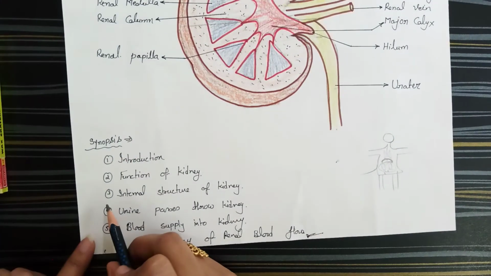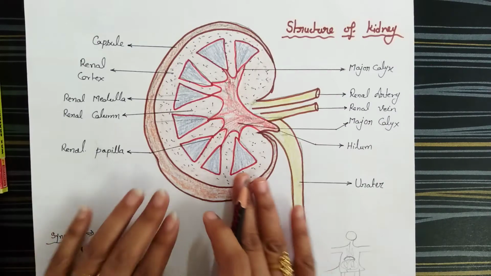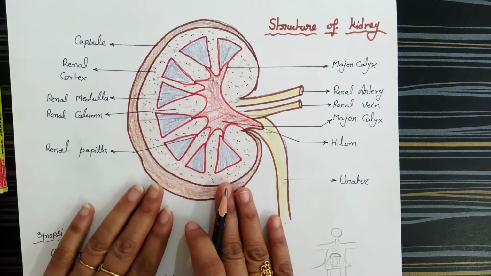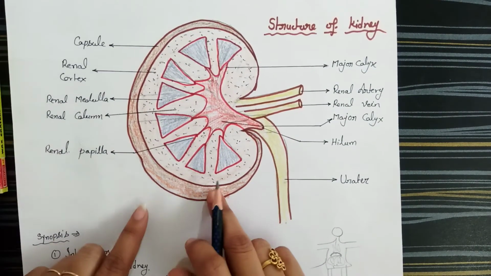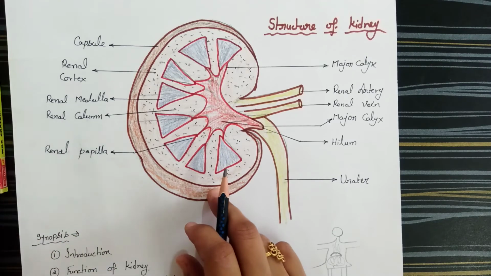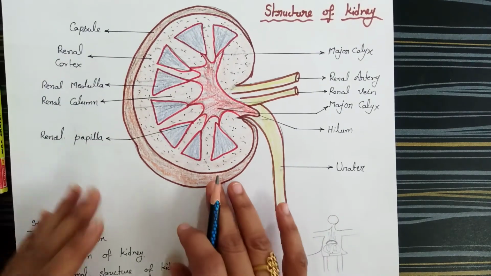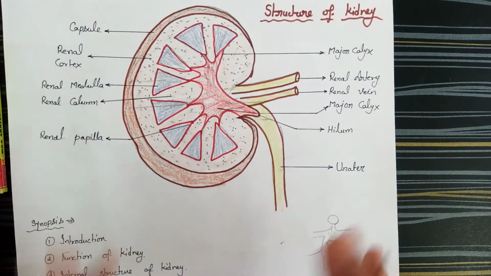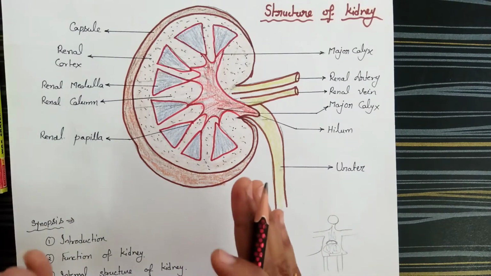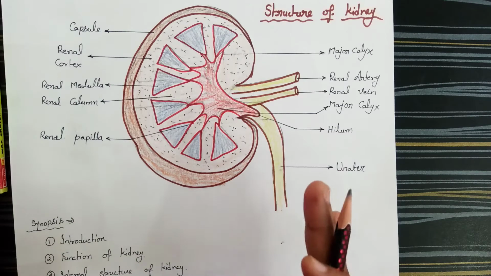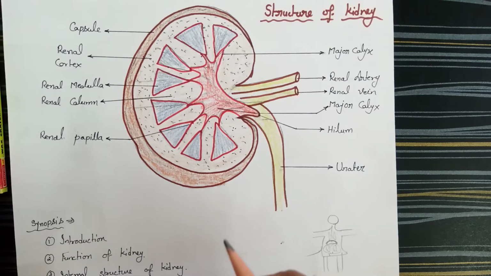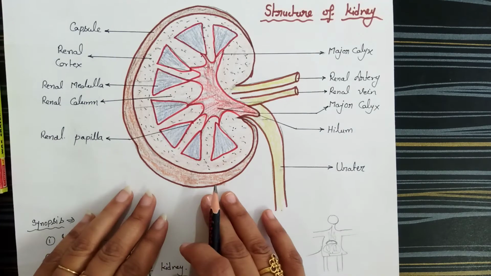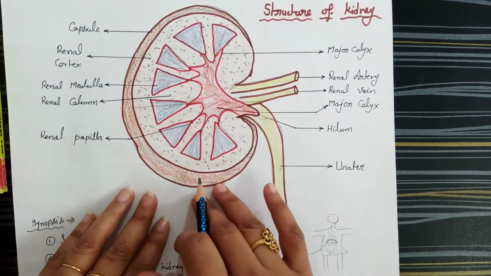Now we talk about the function of the kidney. So what is the function? The kidney excretes the waste products of our body. It absorbs nutrients from the blood, and it maintains the pH and water electrolyte balance. What electrolyte balance is, I will tell after this structure.